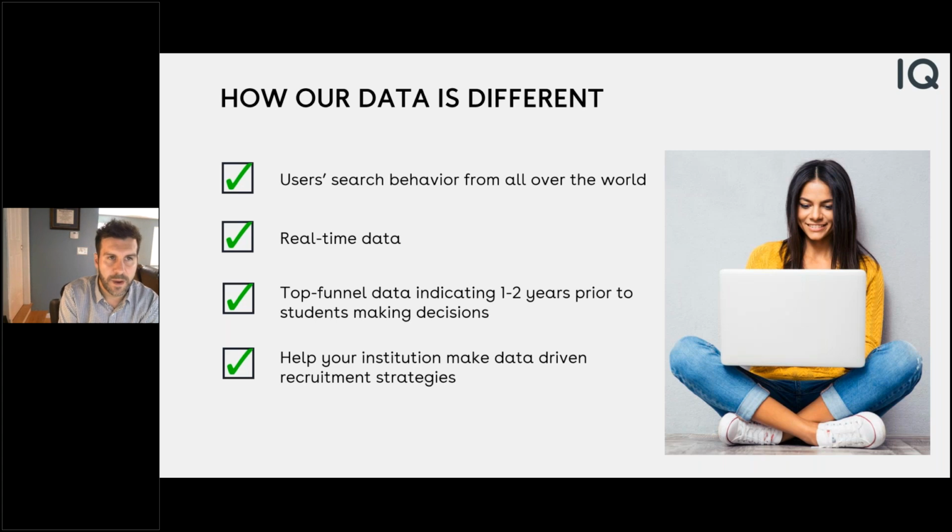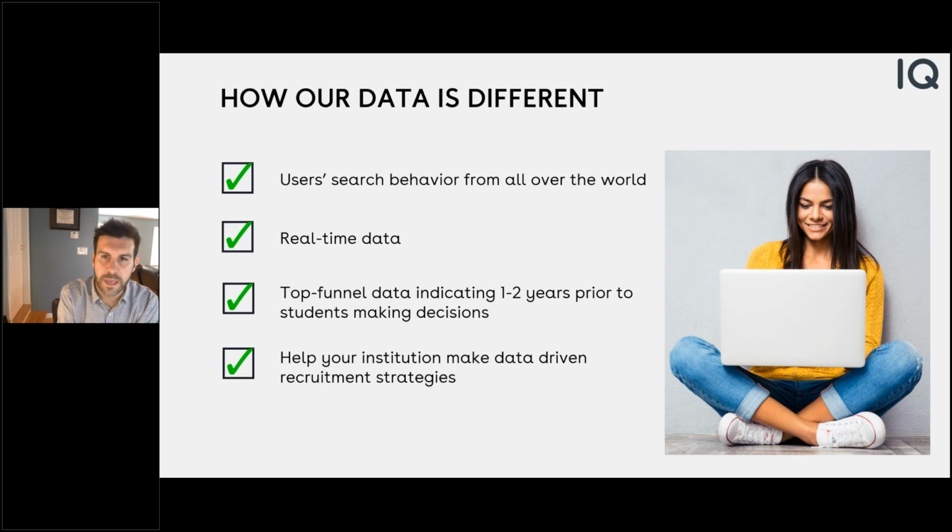And by no means am I suggesting that the data we are sharing is definitive. I think in all cases, this data needs to be considered with a number of different sources like Open Doors. You might choose to use CVIS, EducationUSA, probably even your own historical application data as well to inform some of your strategy. But our data is different in that it's looking at demand.